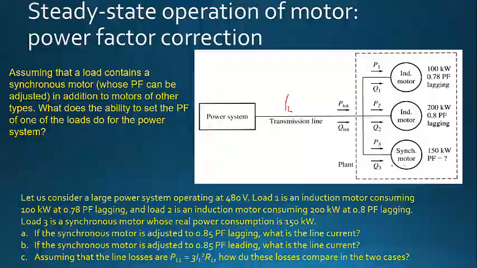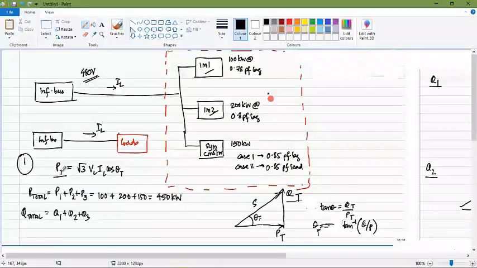We know that power is equal to root 3 VL cos theta. If you want the total power, because this infinite bus will be seeing this as one load, then we have to find the total power of all three loads.